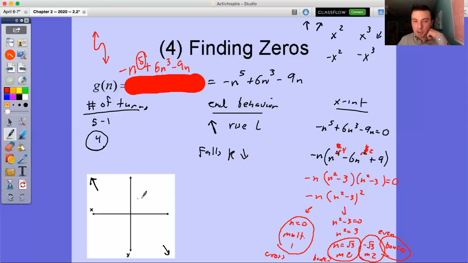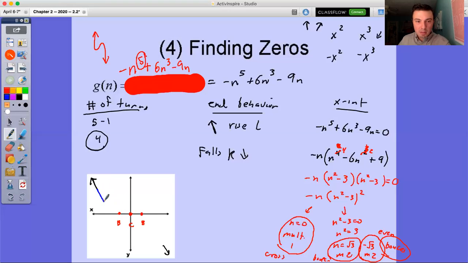All right, and again, we're just doing a rough sketch. So we know at 0, it's going to cross. And then at the square root of 3, it's going to bounce. And then at the negative square root of 3, it's going to bounce. So let's draw it. Let's put our end behavior together with what we know the x-intercepts are and what the behavior at those intercepts is.